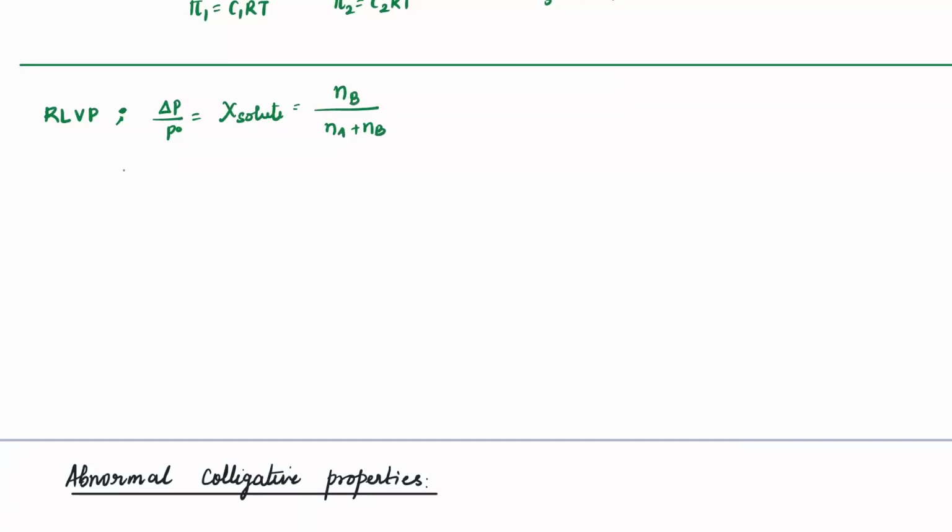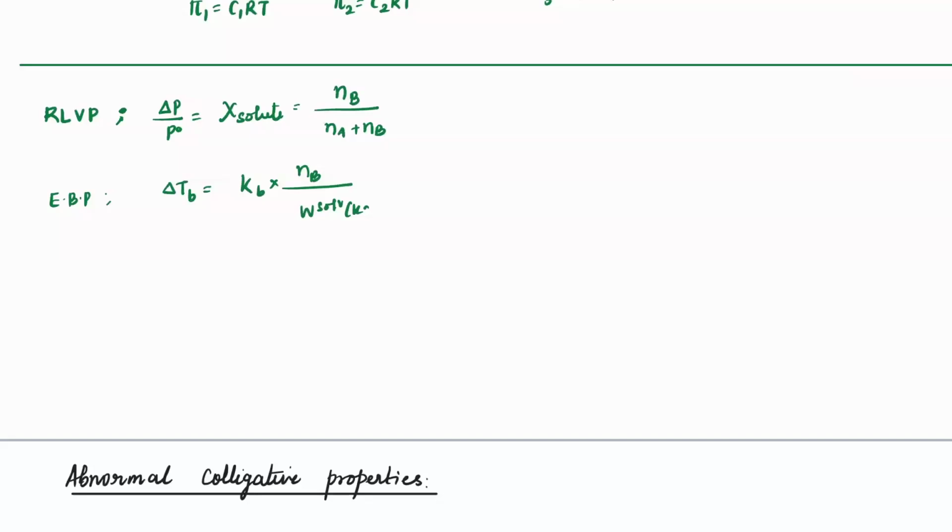Similarly, elevation in boiling point, we learned as delta TB equal to KB into m, where m is number of moles of B upon molar mass of B into weight of solvent in kgs.